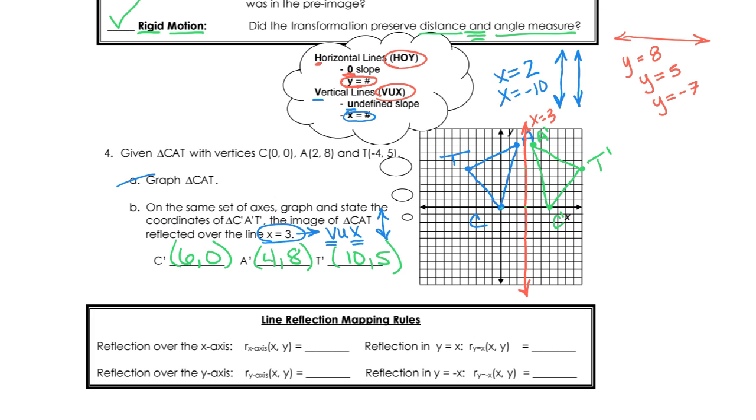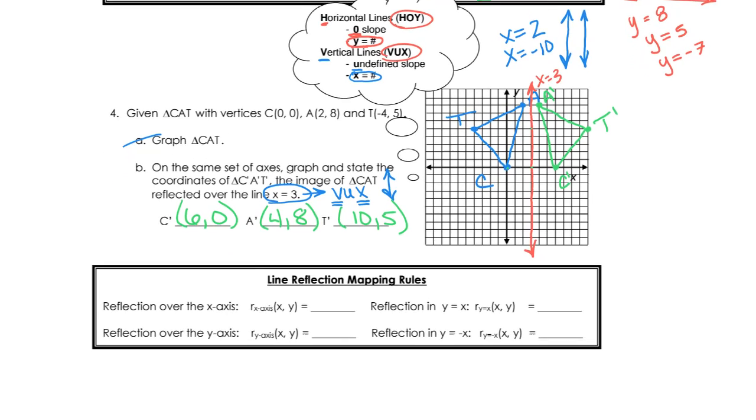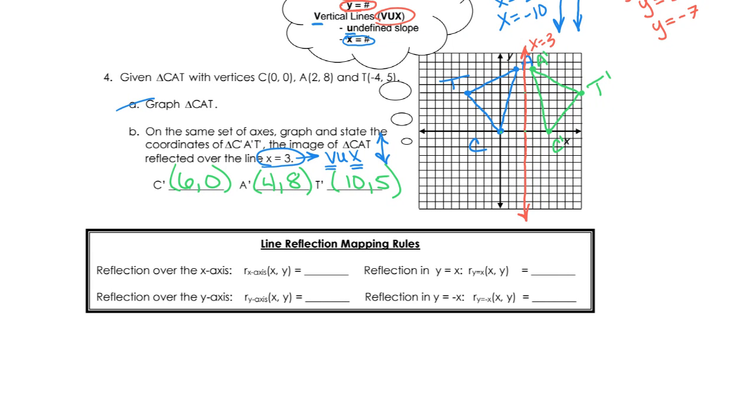All right, and there's no rule for that one when you reflect over a line that's not y equals x or the y-axis or the x-axis. But here are some of our rules to make things a little bit easier down here at the bottom. When you reflect over the x-axis, remember you change the y. When you reflect in the y-axis, you change the x.